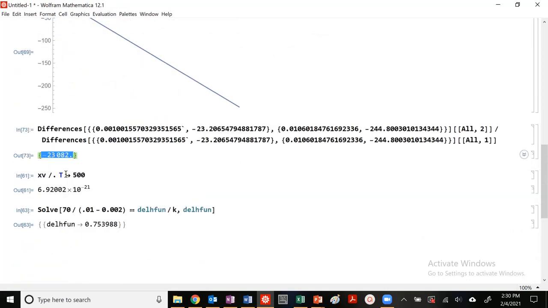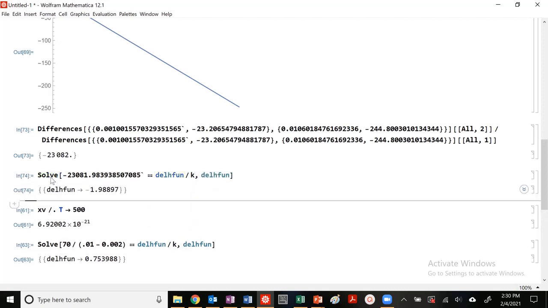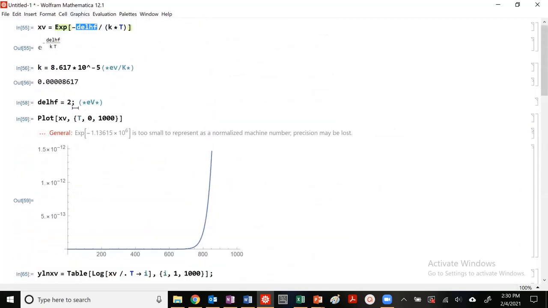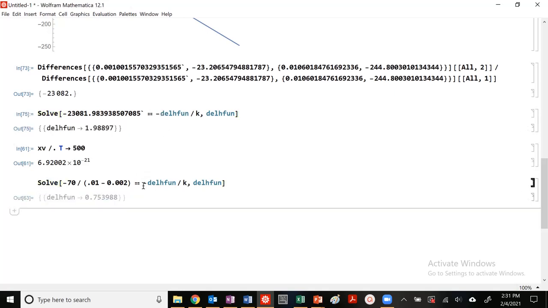Now I just solve again: my slope is equal to this, set equal to minus delta HF divided by K, and solve for delta HF. And pretty close, my delta H is 2 here. I think this is a minus, and that's why I keep getting these values a little bit off. But there you go, those are the values that you'll get.